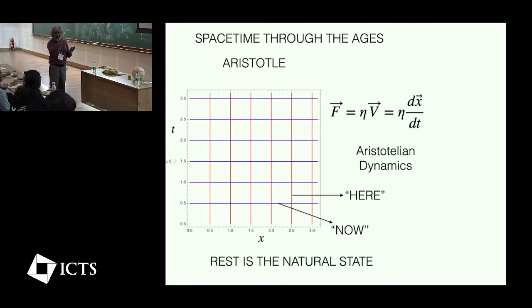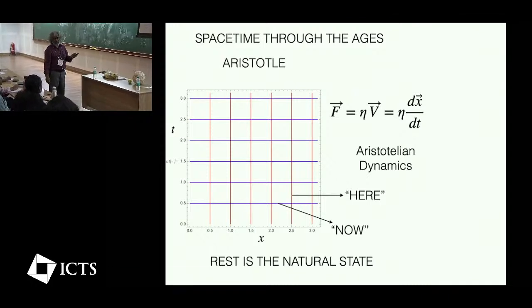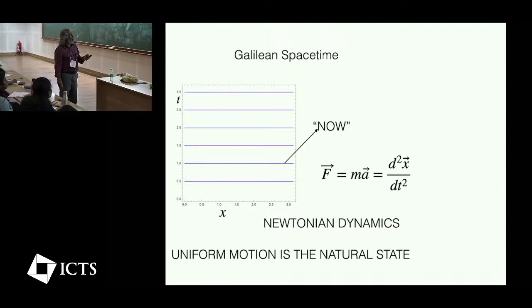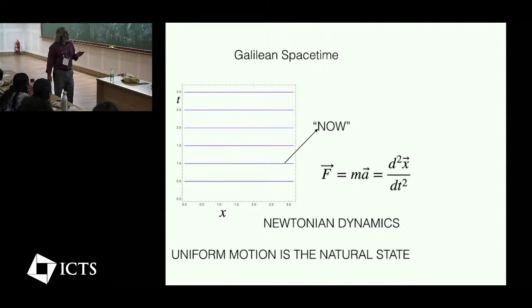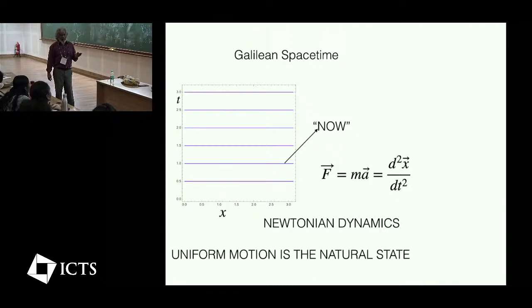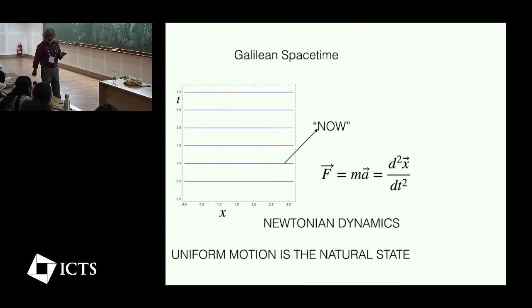If I go to a different frame, the velocity changes, but the acceleration stays the same. Because acceleration is dv by dt. If I had a constant velocity a, v plus a, and take its derivative, the a derivative drops out. So acceleration is invariant under changes of frame, while velocity is not, provided it's uniform acceleration.